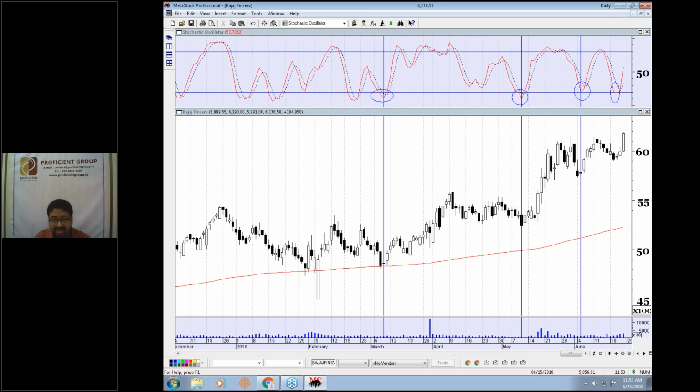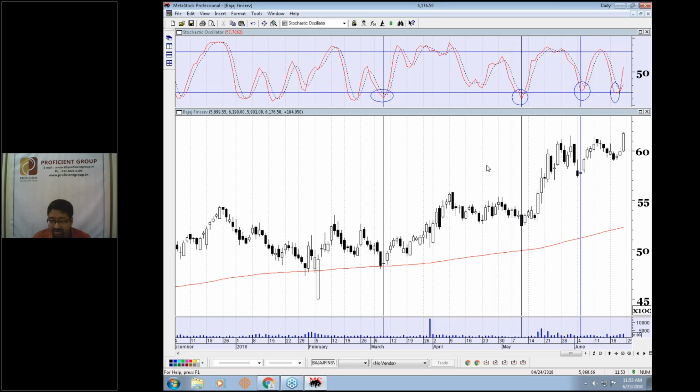Prices have been trading above the important moving averages. The 200 EMA has been providing a lot of support to this stock. Price has never closed below it, and yesterday we saw a very strong upward movement, and it closed at a new lifetime high.